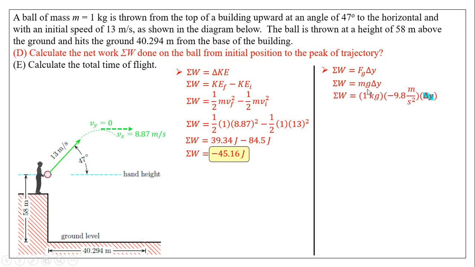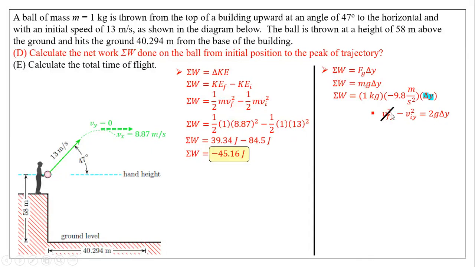Here, mass is 1, g being negative 9.8, and then delta y here is my unknown. But I can find delta y really quick. I don't know how high it went before it came to a stop in the vertical direction and then falls back down, right? So therefore, I can just use this kinematics equation, Vfy squared minus Viy squared equals 2g delta y.